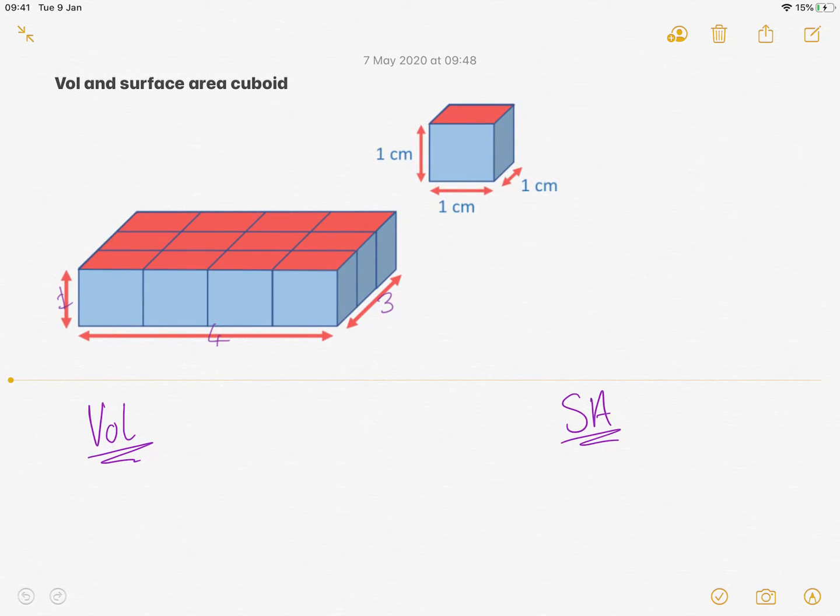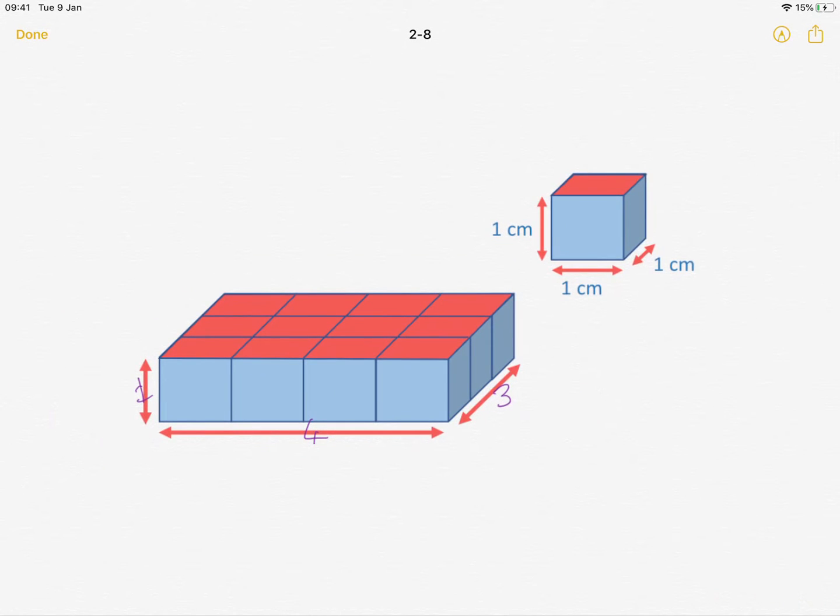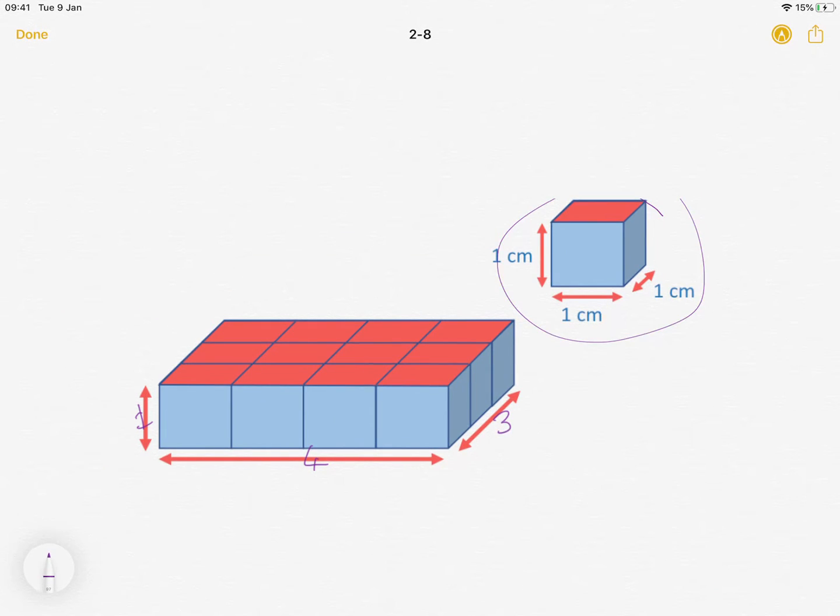It's how many of these centimeter cubes can we fit in my shape? And this one has got your cubes out for you, so you could count it. But remember, we're not always going to be given how many cubes are in it. We might just be given the dimensions. So here, this is a 1 by 4 by 3 cuboid.